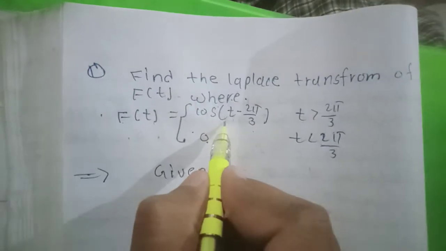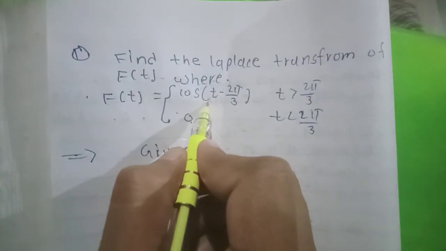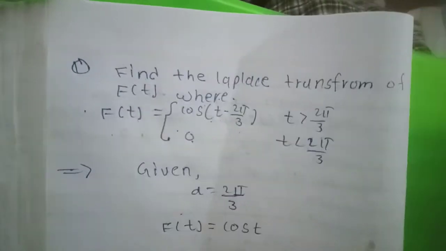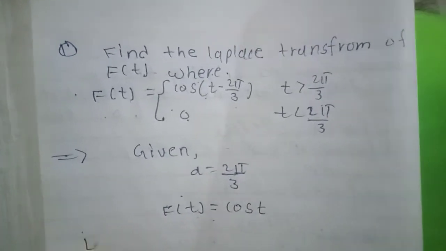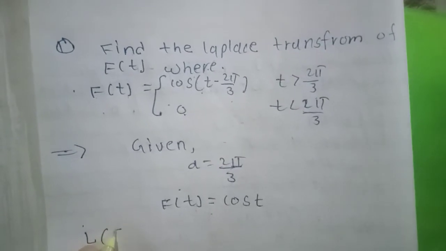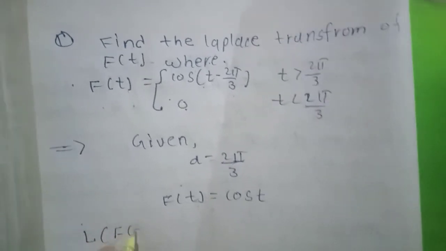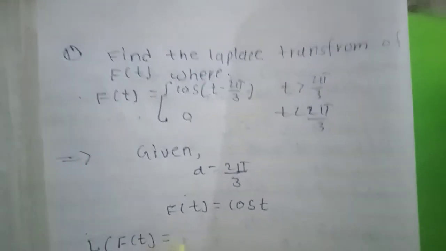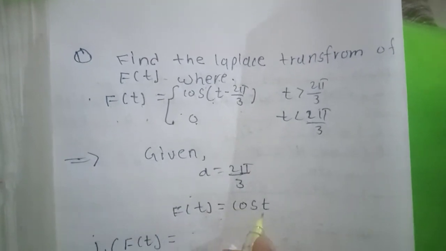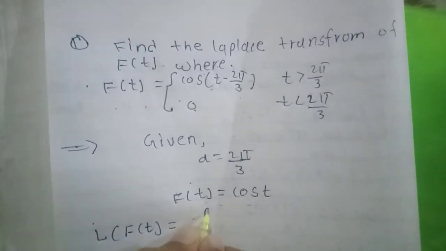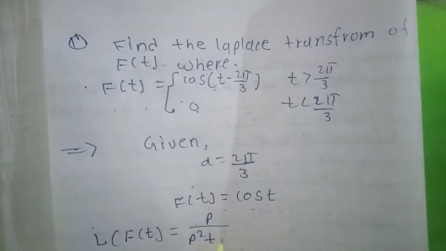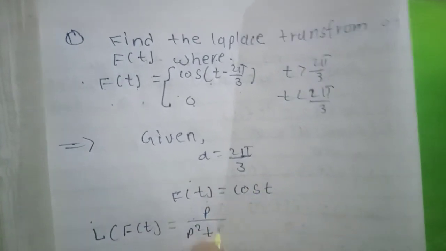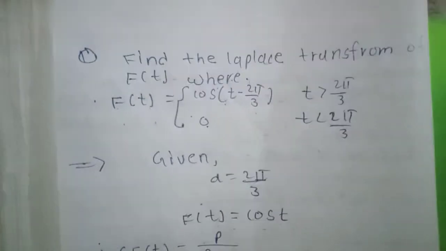First we find the Laplace transform of f of t. f of t is cos of t, so the Laplace transform of cos of t is p divided by p square plus a square, where here a is 1, so 1 square.